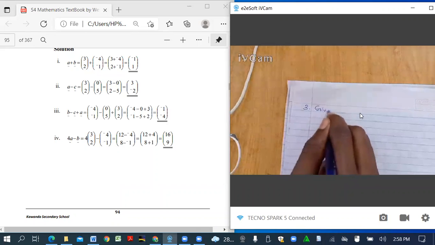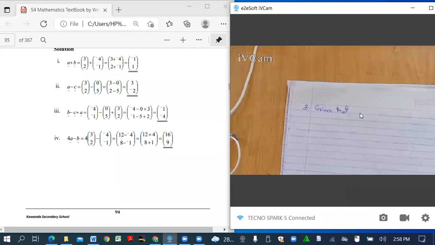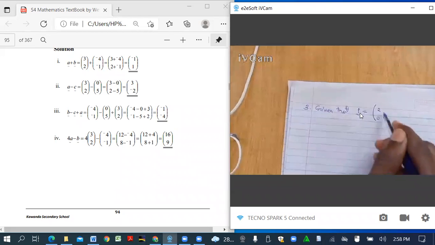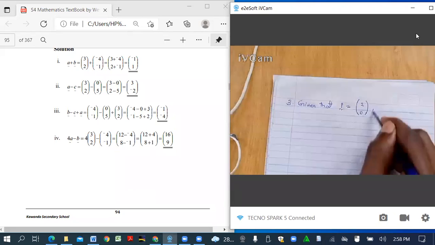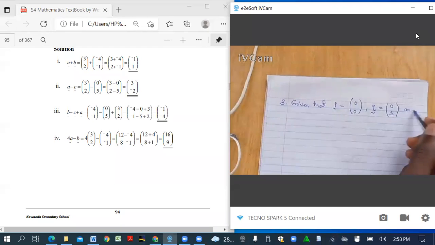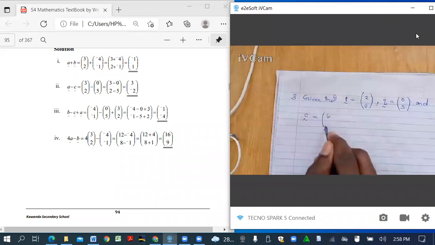So given that vector P is equals to 2 and 0. Q is equals to 0 and 3. Okay? And C equals to 6 and 6.